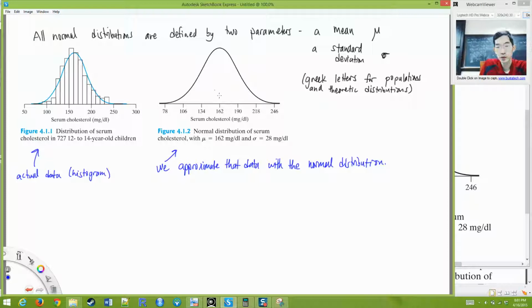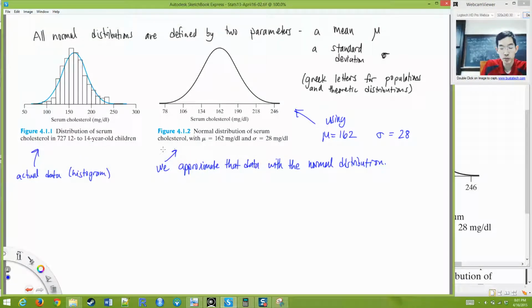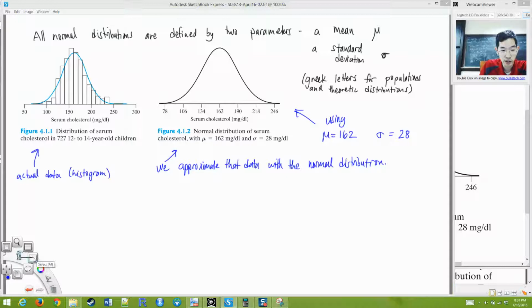And here we've defined, we are using mu equal to 162 and standard deviation equal to 28. That's what this means. Okay, so all normal distributions have a mean and a standard deviation. Okay, so let's go into a little bit of what exactly that entails.